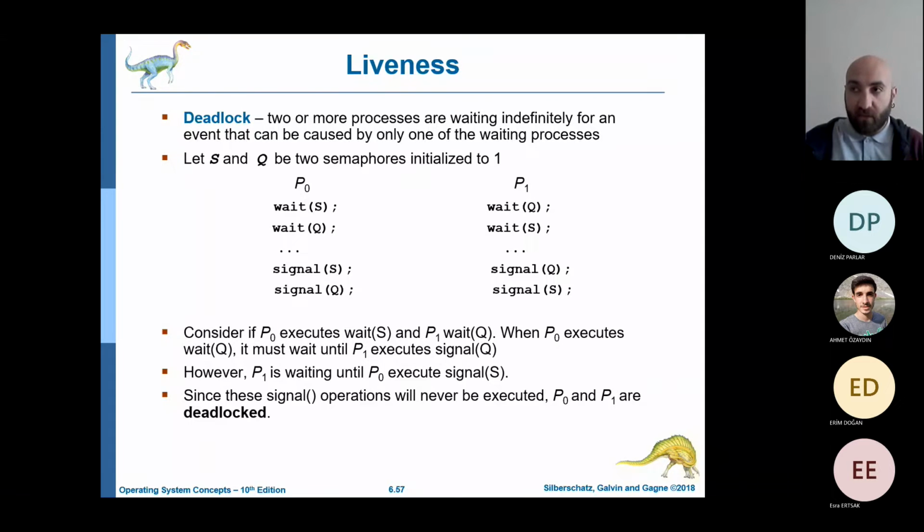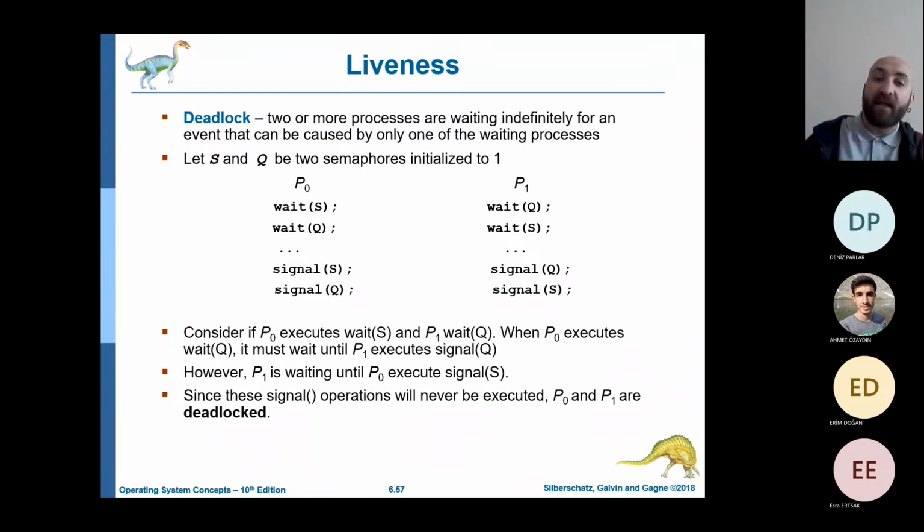To illustrate this, consider a system consisting of 2 processes, P0 and P1, each accessing 2 semaphores, S and Q, set to the value 1. Suppose that P0 executes wait(S), then P1 executes wait(Q). When P0 executes wait(Q), it must wait until P1 executes signal(Q).